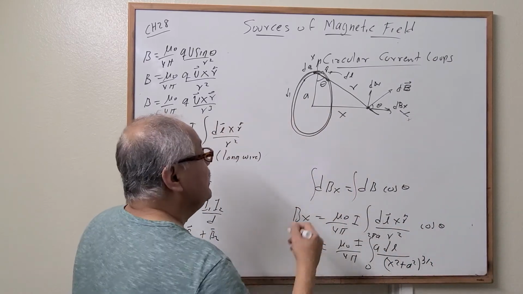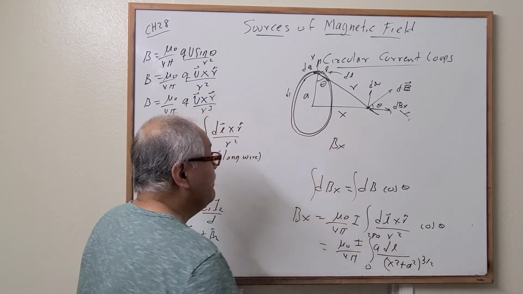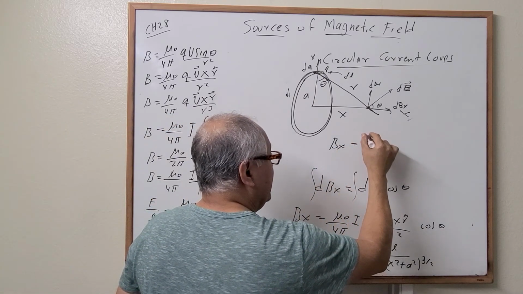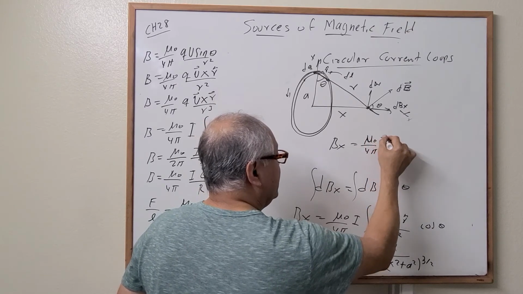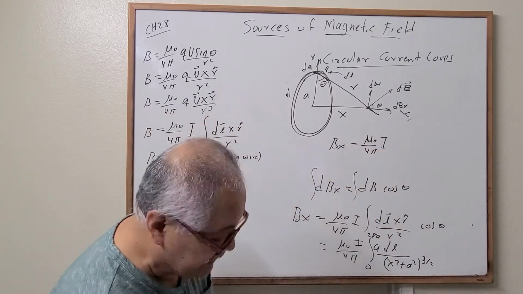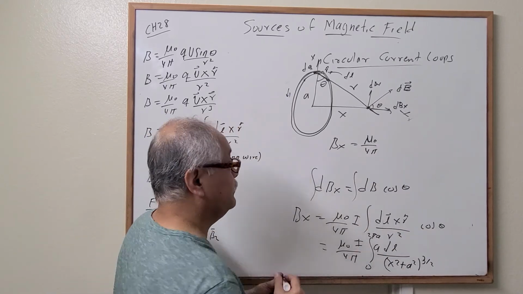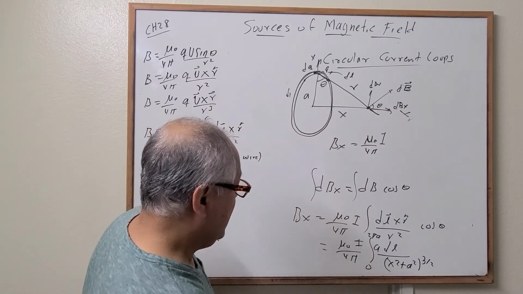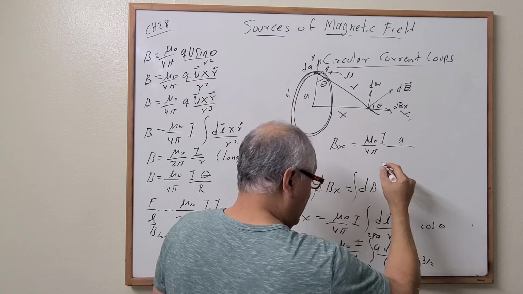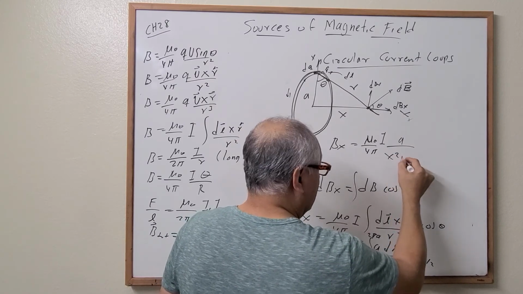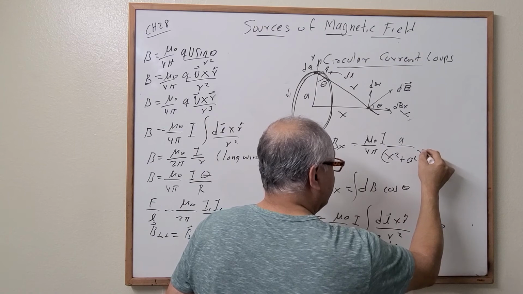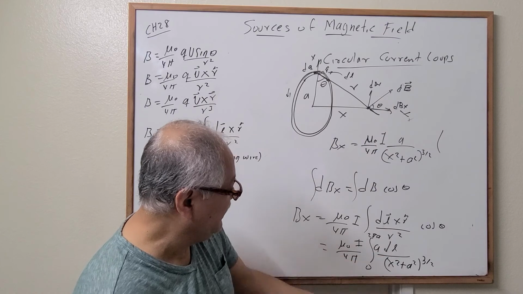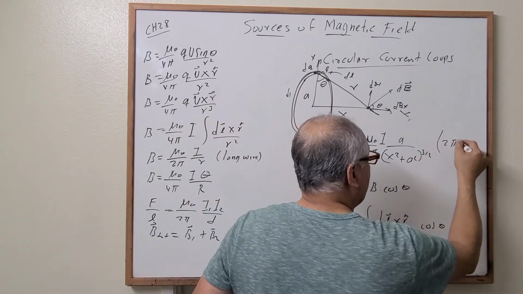So the magnetic field in the x direction is equal to mu naught over 4 pi times the current, times a over x squared plus a squared to the 3/2, times, when we integrate dL, it's going to be L, and L is equal to 2 pi a.